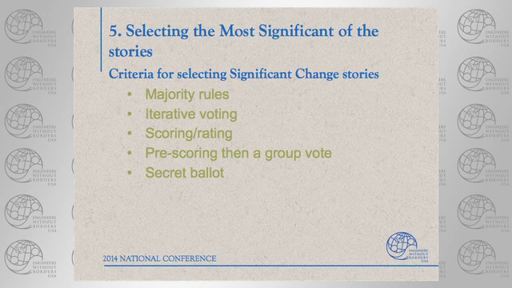You can do ratings, say from 1 to 10. You could have somebody go through and pre-score and say, we think this is a good one. But again, you can do a secret ballot, and this is something that the community can help you decide on as well. How do they want to pick? You could use their process as well.